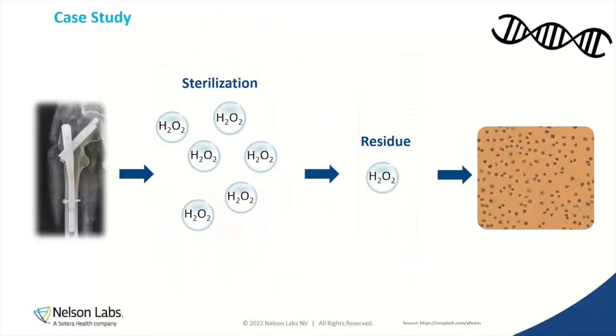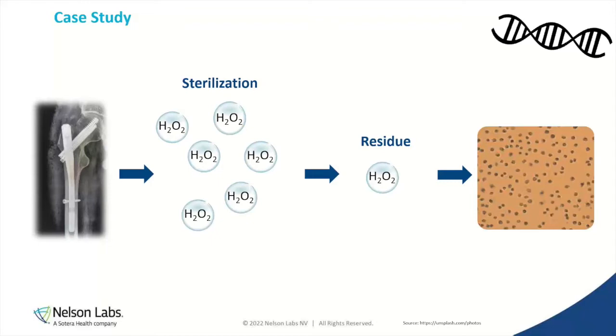I'll give you an example where we had a product that was being sterilized with hydrogen peroxide. Now, typically hydrogen peroxide leaves a water residual, but we have found out that it will leave very, very small amounts of hydrogen peroxide at a level high enough to cause cytotoxicity, but not necessarily high enough to be detected in a quantitative test.